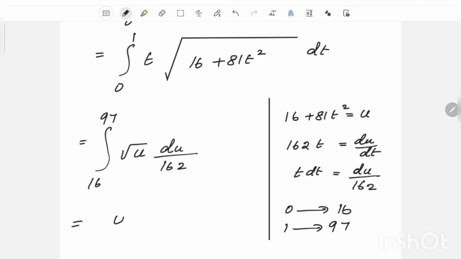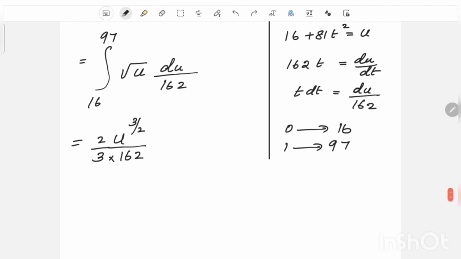That is u raised to 3 by 2, divided by (2 by 3 into 162), varying from 16 to 97.